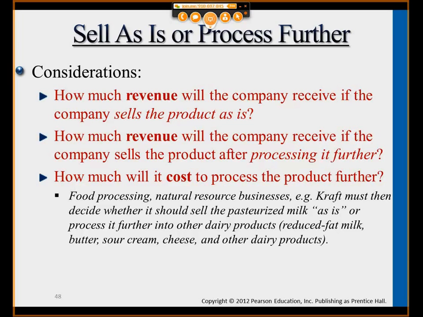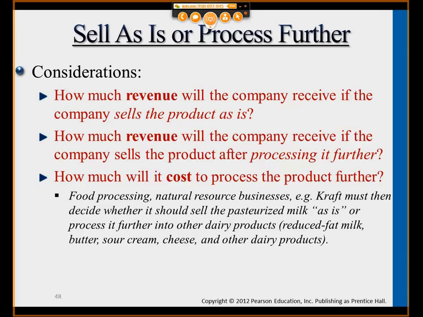Another question we want to answer is how much it will cost to process the product further. Not only how much revenue it could bring us, whether we finish it or sell it as is, but we also want to understand how much it costs to process the product further.